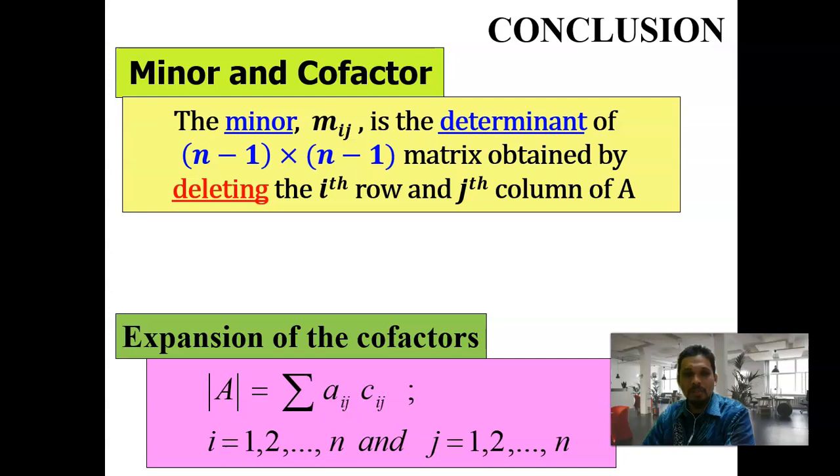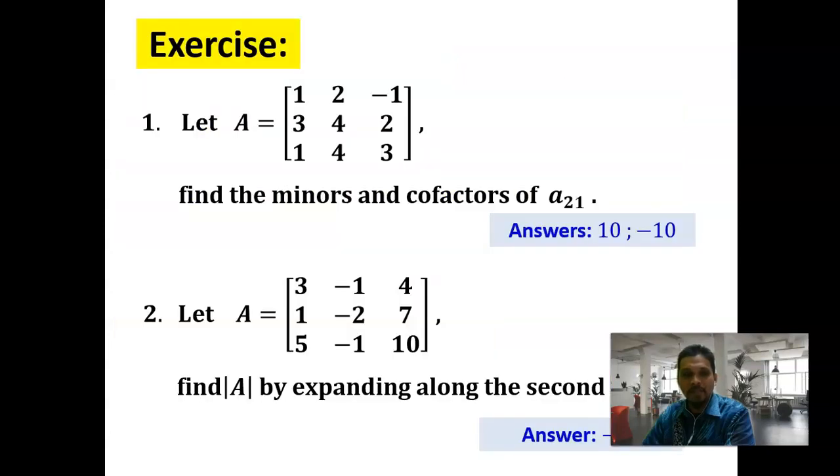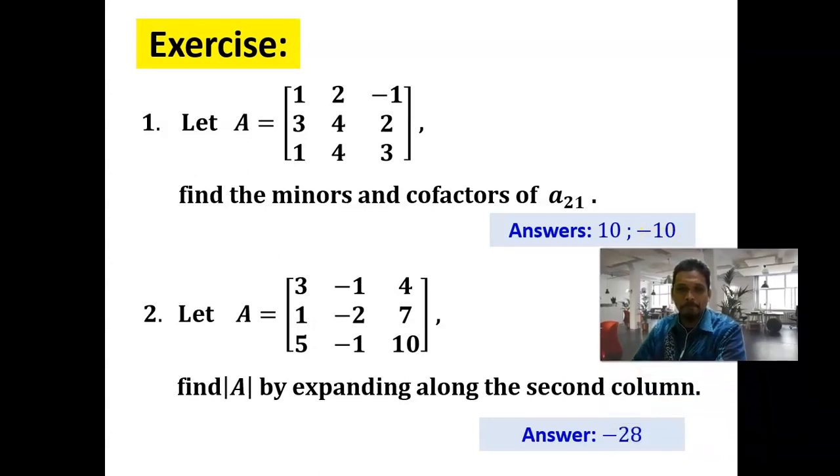Okay, so these are the notes that I read earlier. So let's try yourself with this exercise. Find the minors and cofactors of A. For 1, we got the answers 10 and negative 10. And also question number 2.